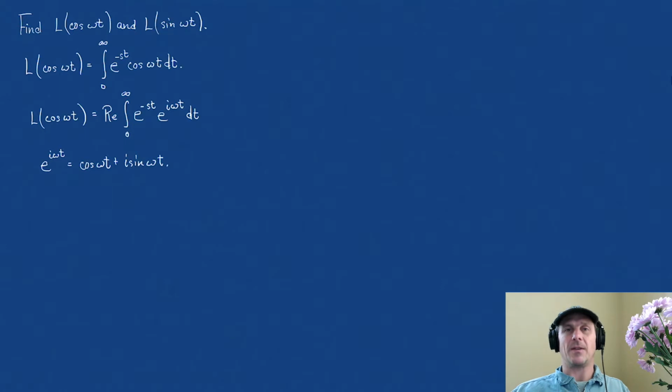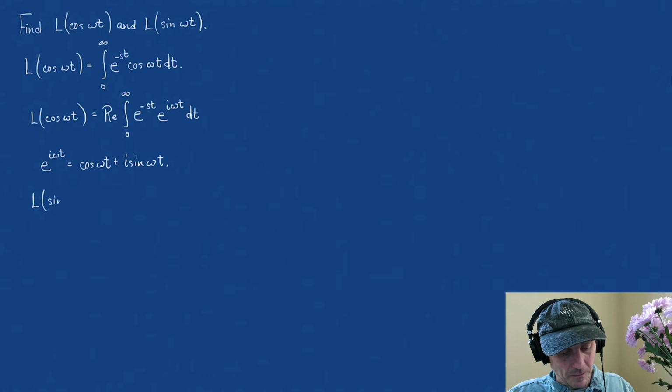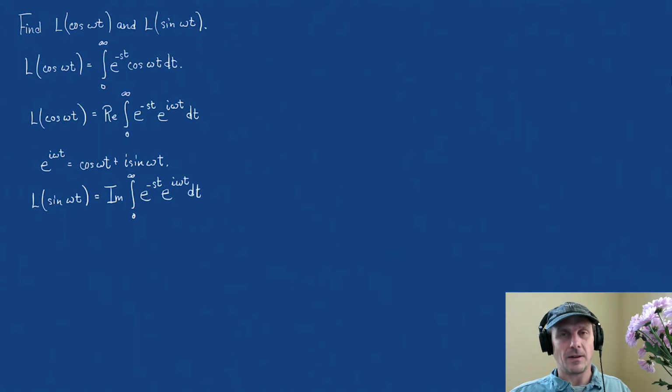But wait a minute, that means that we could do this. Think about this. If I wanted the Laplace transform of sine of omega t, that would come from the imaginary component of the integral from 0 to infinity of e to the minus st e to the I omega t dt.